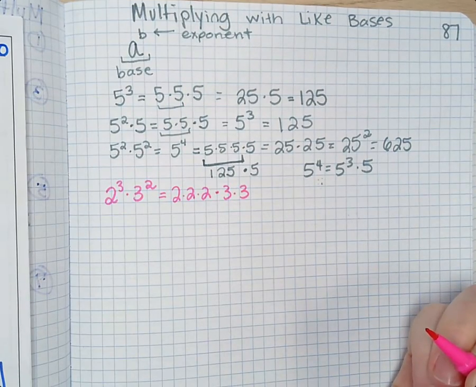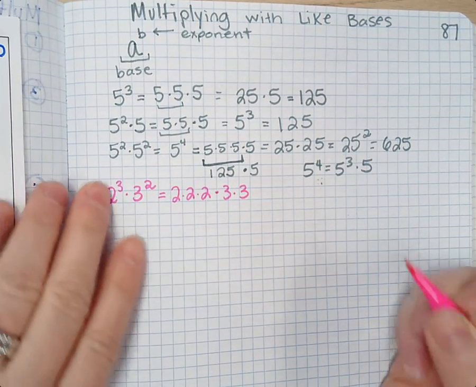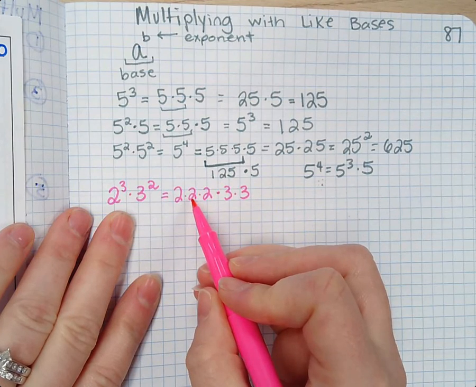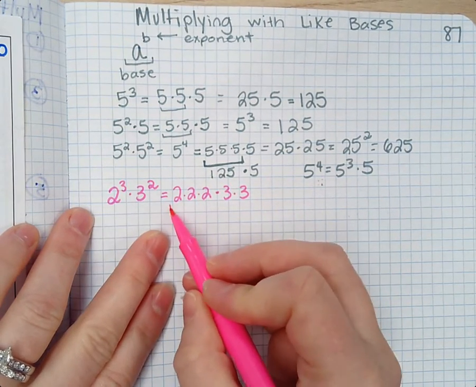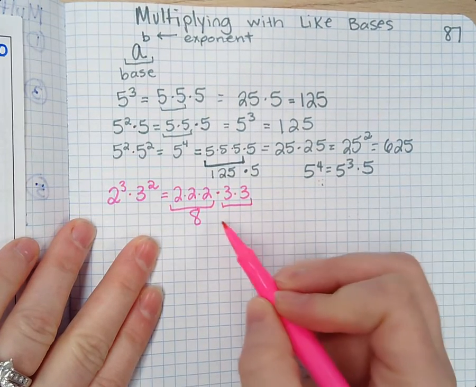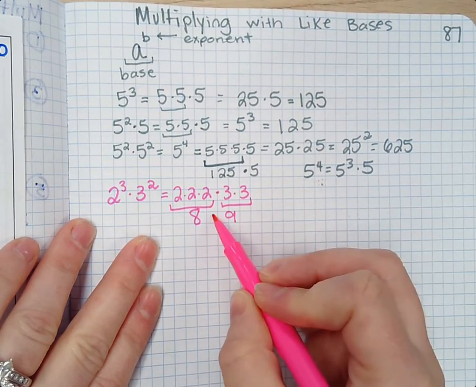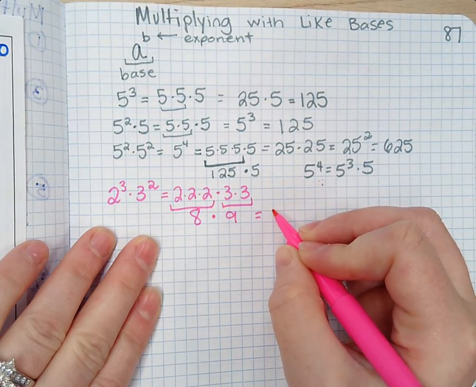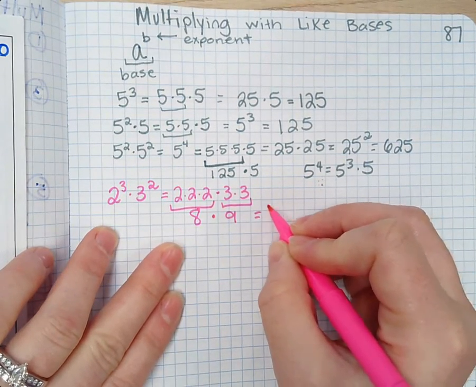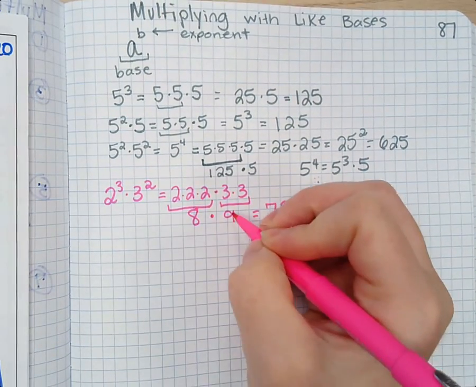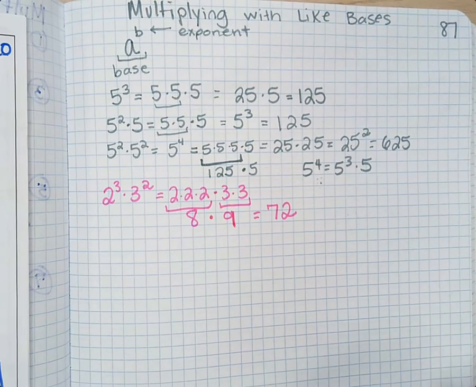Okay, so can I do this? 2 times 2 is 4. 4 times 2 is 8. What's 3 times 3? So 8 times 9? What'd you say? 72. 72.